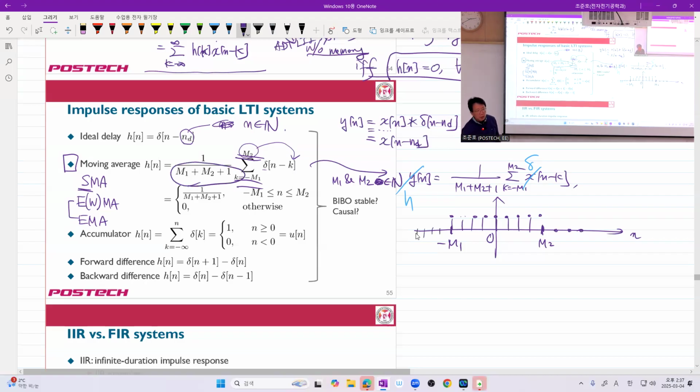As you learned in high school math, whenever you sum consecutive integers from some small number to a bigger number, it's bigger number minus smaller number plus 1, right? So bigger number minus smaller number plus 1 is the number of terms, right? You've done it a lot of times to solve high school math, especially for arithmetic sequence related problems.